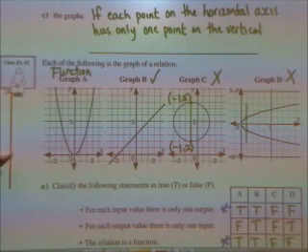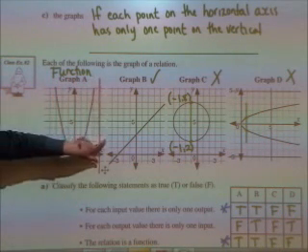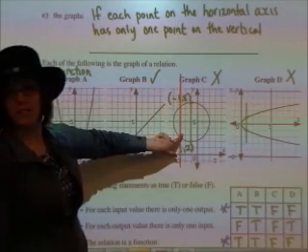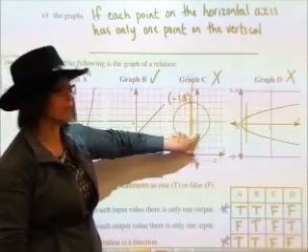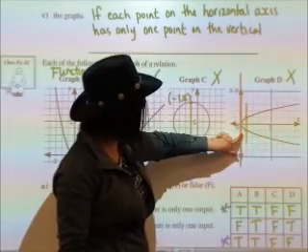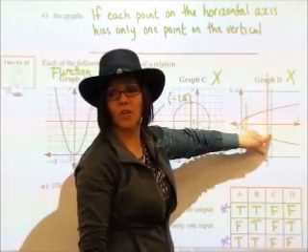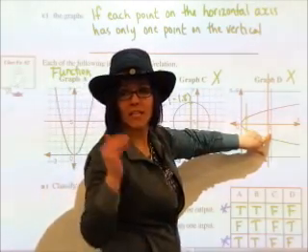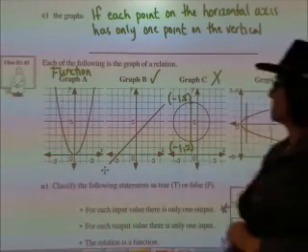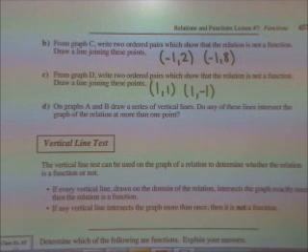The vertical line test says if I take a vertical line and I slide it through a graph, if it hits the graph in 2 places, it's not a function. At any point. So right here, it only hit the graph in 1 spot. But because when I move it over, it hits it in 2, it basically makes the whole graph not a function. That's the vertical line test.